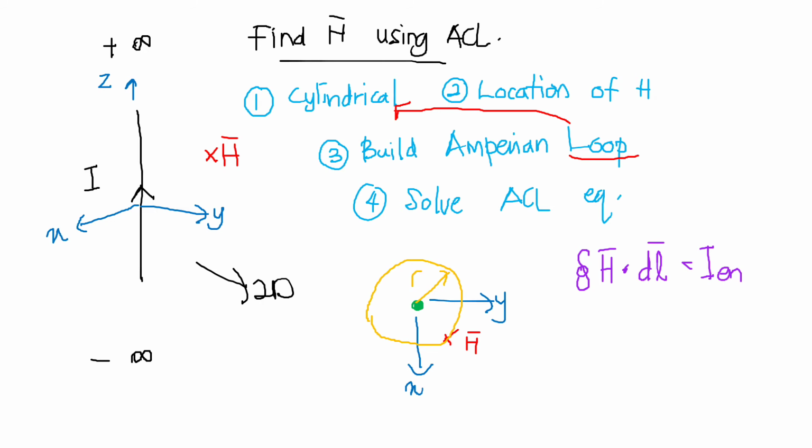Can you see that this equation is quite similar to the Gauss law? In the Gauss law, it is the closed integration of D dot dS equal to Q enclosed. But for the ACL, it is the closed integration of H dot dl equal to I enclosed.